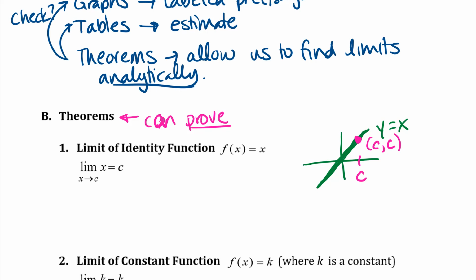If I think about being on that graph and going from the left and from the right and letting x get closer to c, you can just think it through and understand that the y values are also going to get closer to c. So that's an argument for why this theorem makes sense. Again, we will prove that later. That's a pretty simple one. We don't necessarily even need a theorem for that kind of limit. We could just think about it graphically.